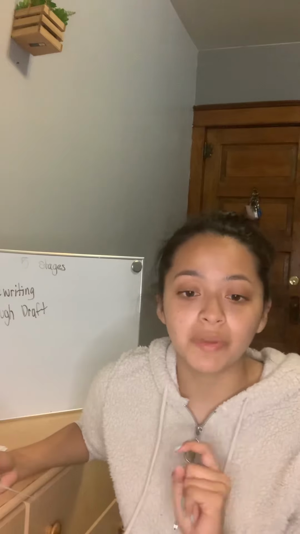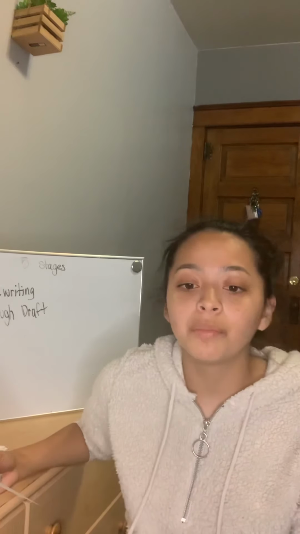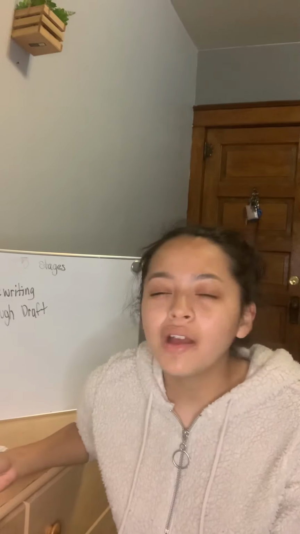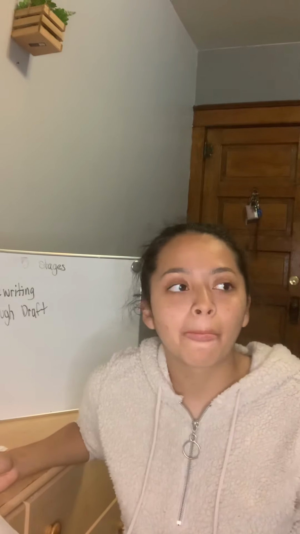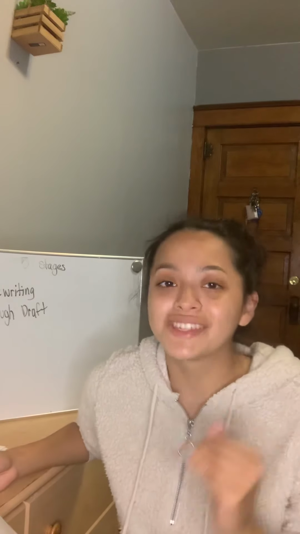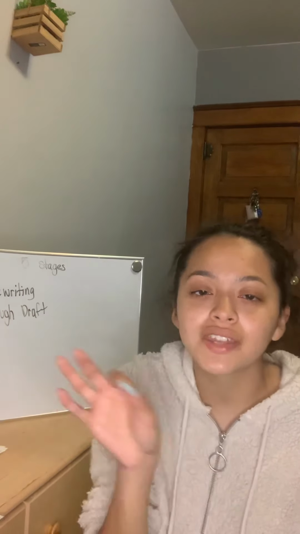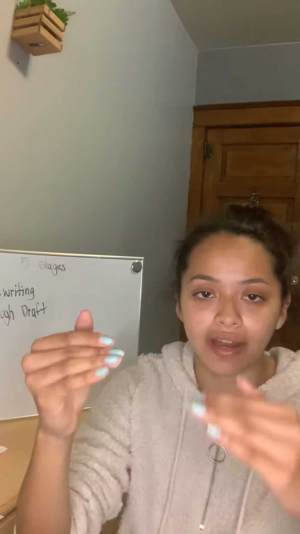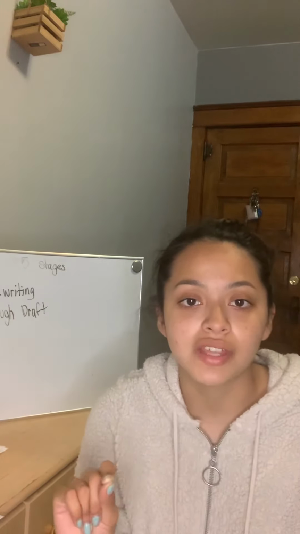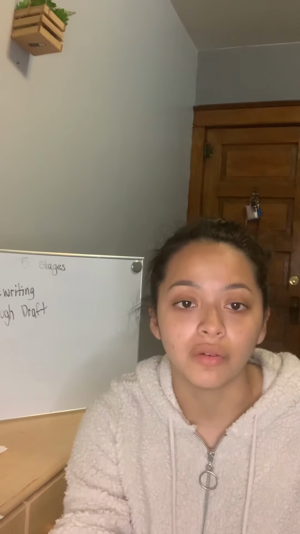The next rule would be skip lines that will help when you're revising and editing. So why would we have to skip a line? Who can tell me why? It's okay if you don't know. Okay, we skip a line because when we're editing and when we're erasing a word or maybe underlining or crossing out, it's important that we have that extra space so that we can write out what we want to insert instead, or what we're taking out, right?